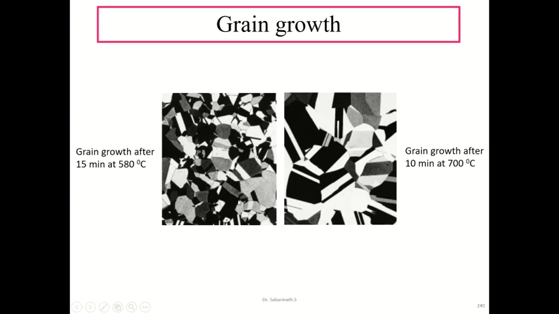In this microstructure we see the grain growth after 10 minutes at 700 degrees Celsius, and there is a rapid change in the grain size. That's how grain growth takes place with respect to temperature: as the temperature increases, the grain size keeps on increasing.